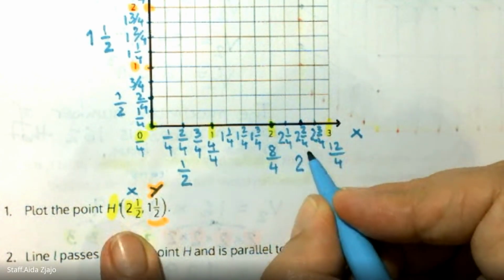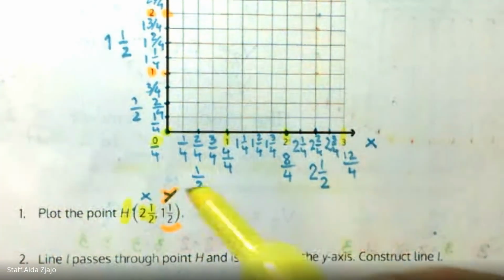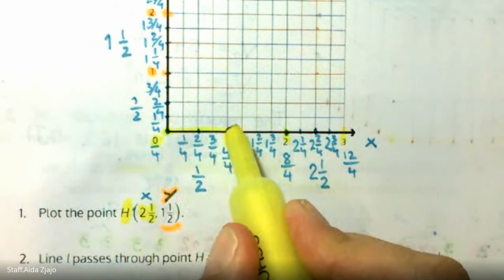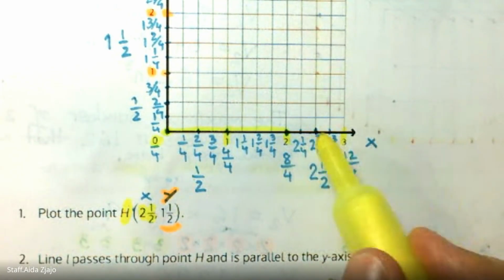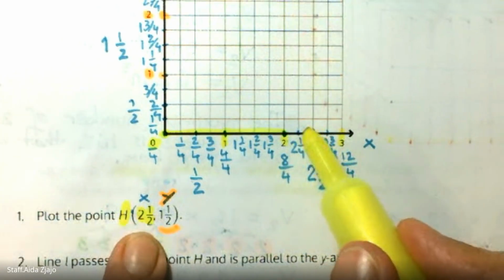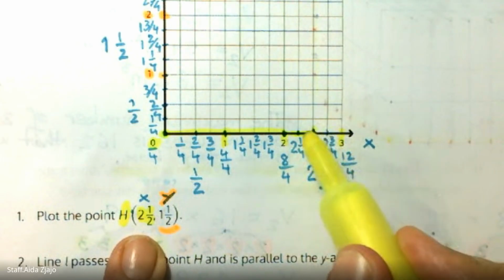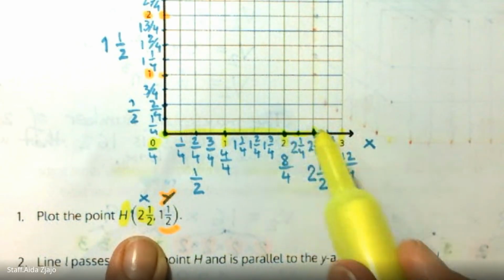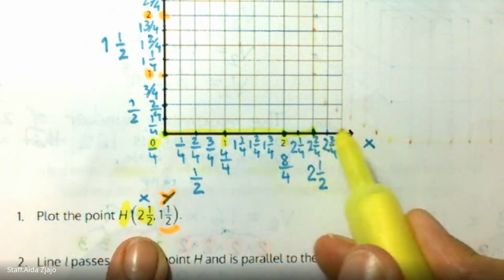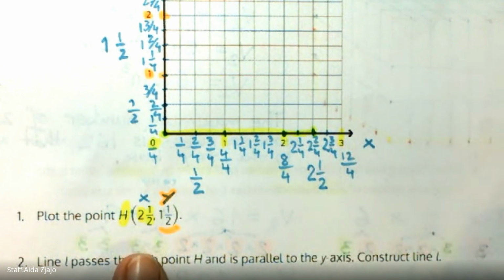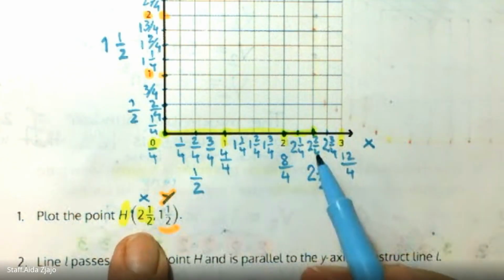So if I go from the origin 1 and 2, and then I need a half between 2 and 3, that is right here, but it's also 2 pieces out of 4 that makes the next whole number. So this is point x-axis 2.5.